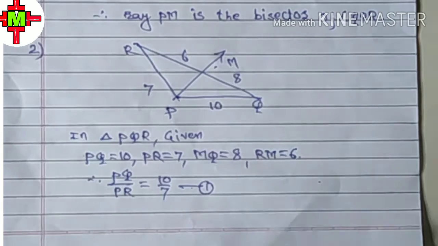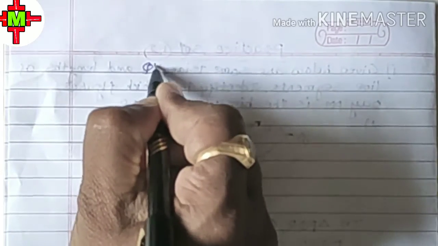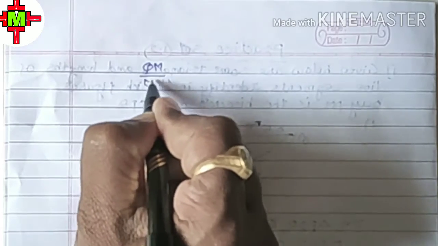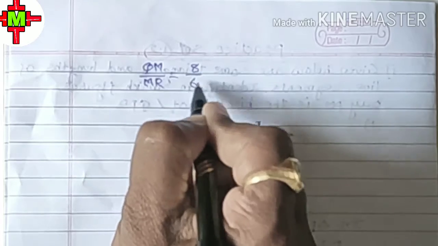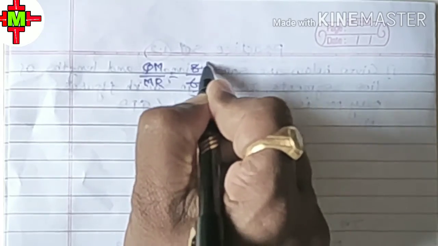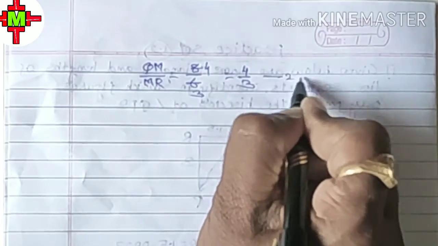Now QM divided by MR is equal to 8 divided by 6. That is equal to 4 by 3. Give this equation number 2.